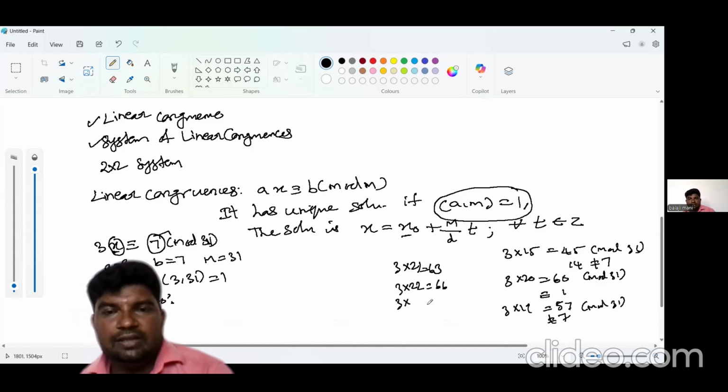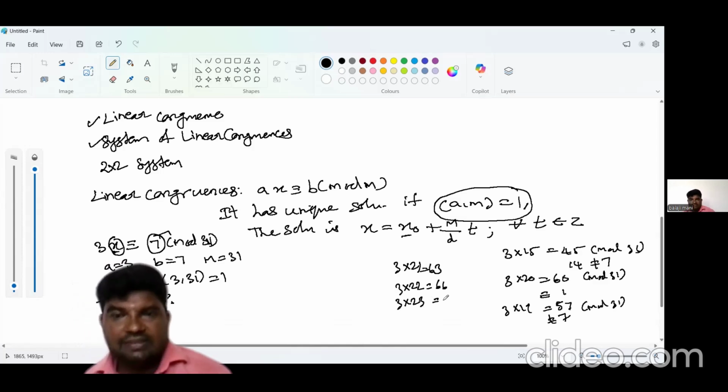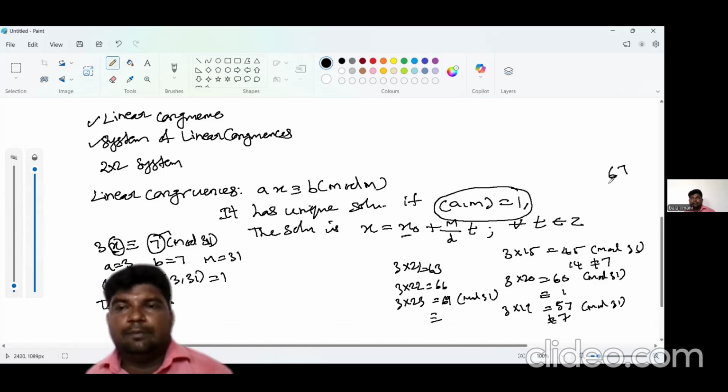Okay, 3 into 23 is 69. 69 divided by 31 is 2, and we get the remainder 7. So therefore, 23 is a particular solution.